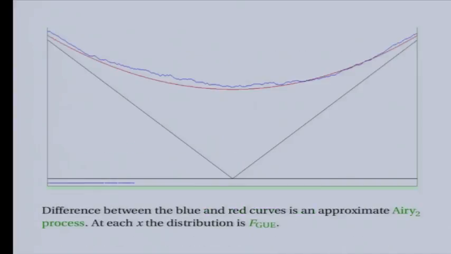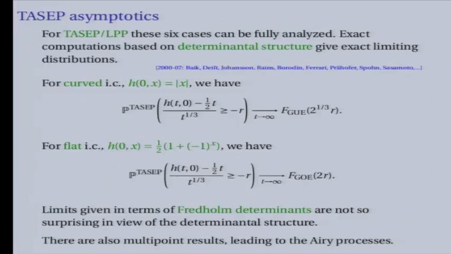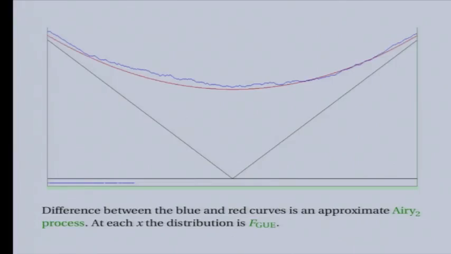Maybe one thing, though I won't talk about it, is that in the case of ASEP, one can also study the multipoint distributions. So I can ask what happens with this height function at different points, and it's also well known what happens, and what one gets is the Airy processes. This is a picture of the exclusion process started with the step initial condition.